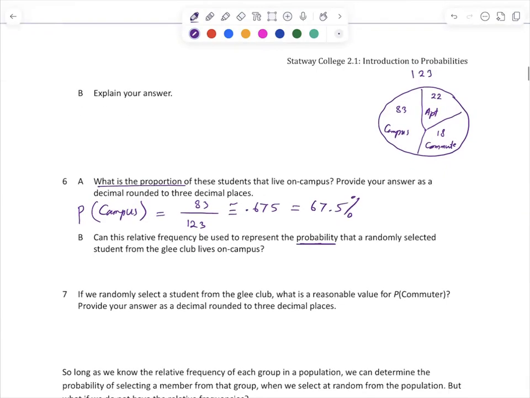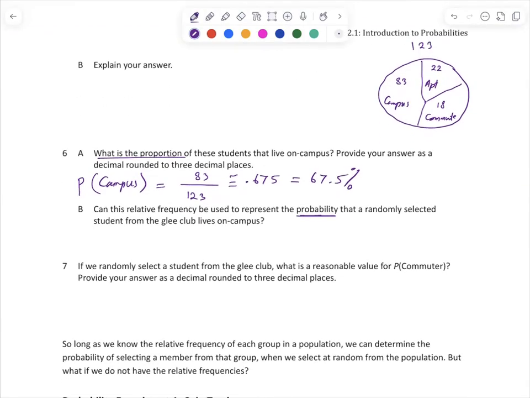If you randomly select a student from the Glee Club, what is the probability for the person to be a commuter? So let me run a poll and ask you to calculate this. What is the probability that a person is a commuter? Give me a moment. Let me run the poll for you.